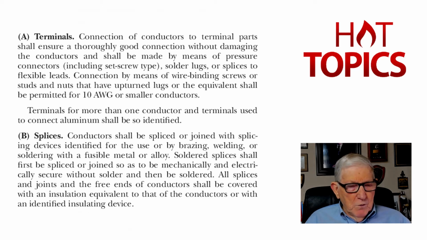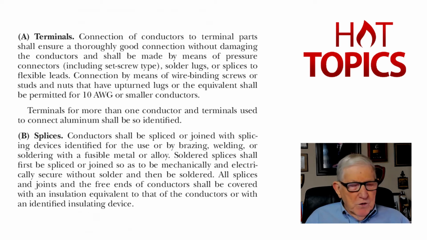And if you look at 110.14(B), we're dealing with splices. It could be, say, a handy box, a square box, an octagon box, or whatever may be in the run, and there's a splice being made.